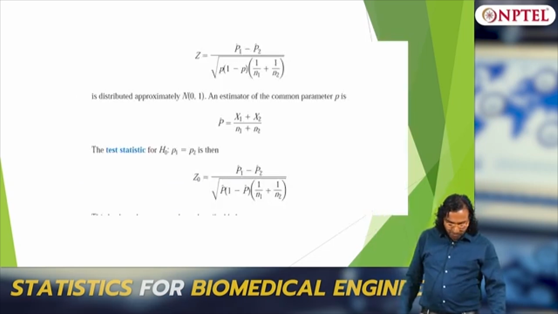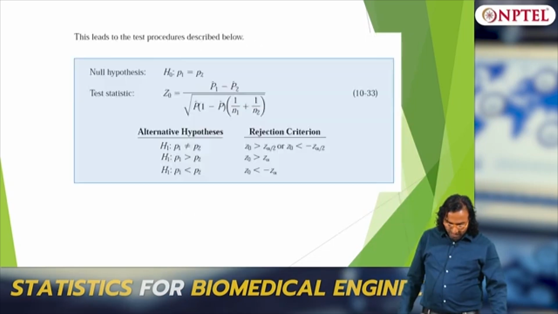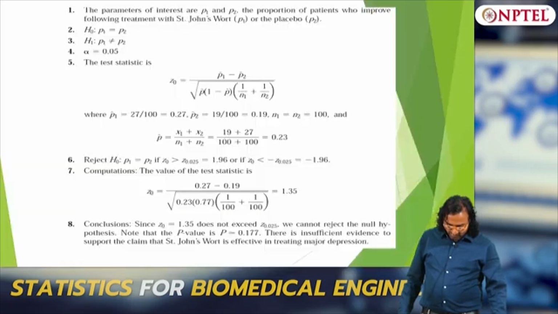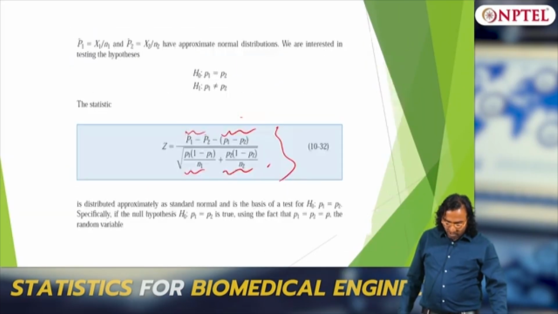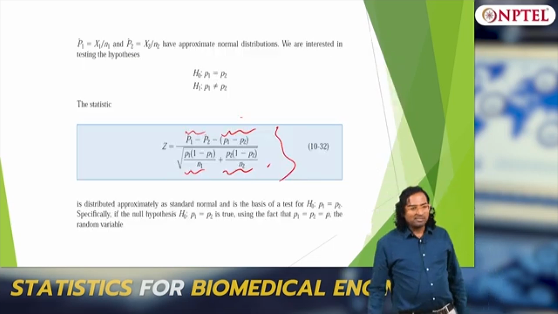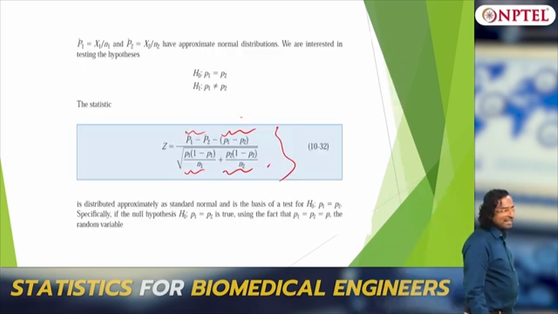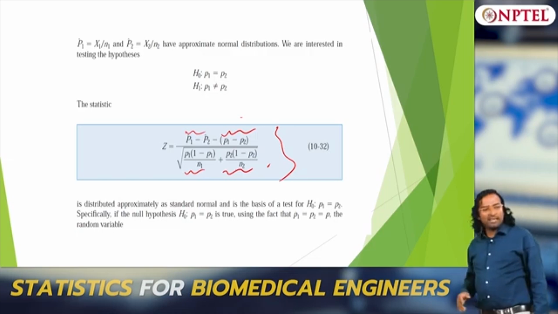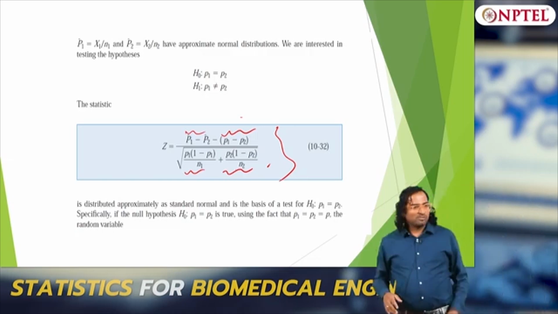But for small samples, what do we have? What will happen to the small sample? T distribution. Again, then it will become a question of 2 equal variances or 2 variances not equal, exactly like your mean. This problem will arise and then we have to sort it out, okay.